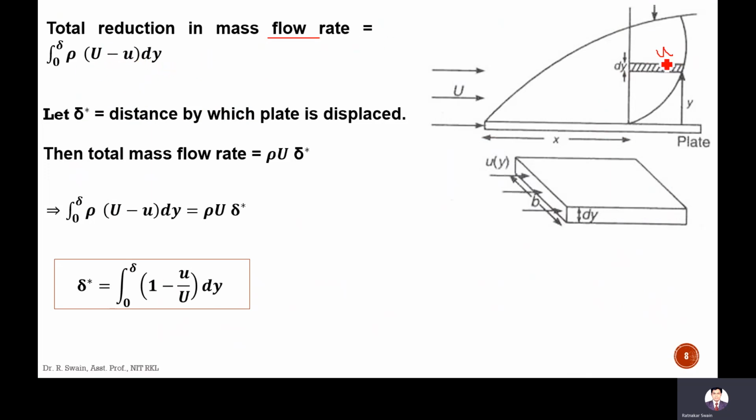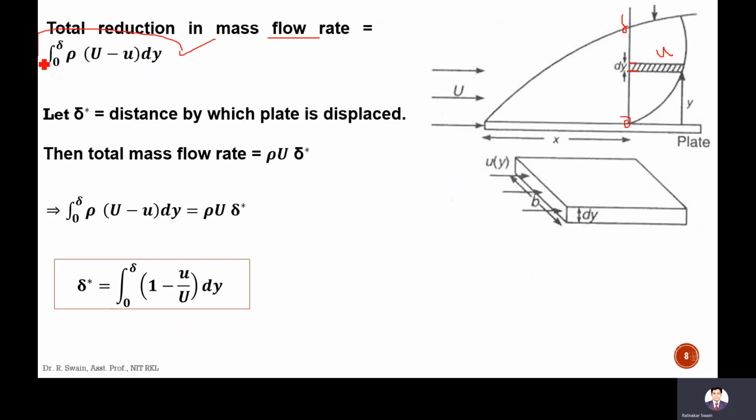Since I have considered a small thickness dy, if I take the full boundary layer thickness, from 0 to delta, then the total reduction will be the integration from 0 to delta of rho into (U minus u) into dy. This is the reduction of mass flow rate.